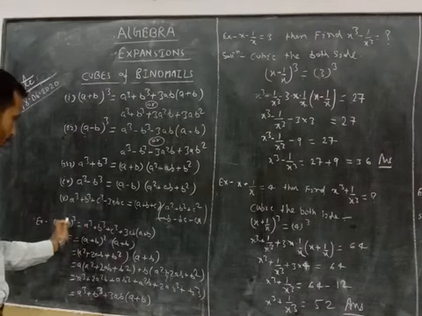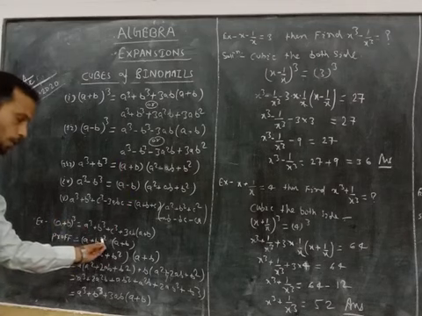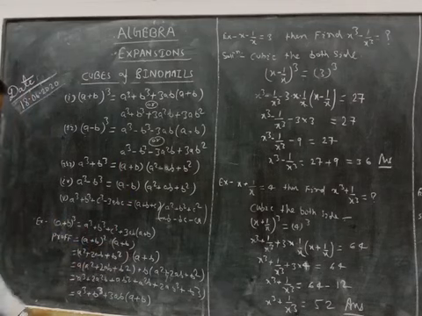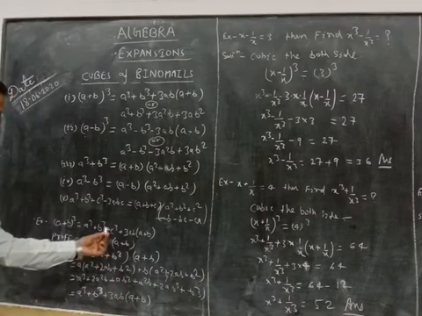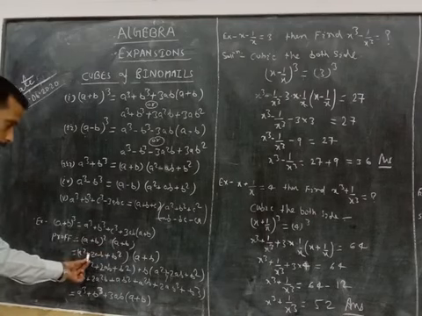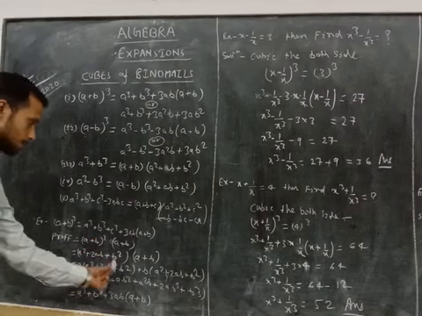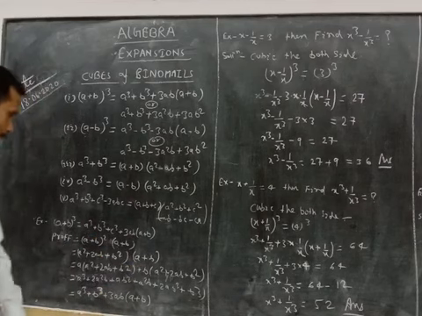(a plus b) whole cubed can be written as (a plus b) whole square into (a plus b). (a plus b) whole square is equal to a square plus 2ab plus b square, into (a plus b).